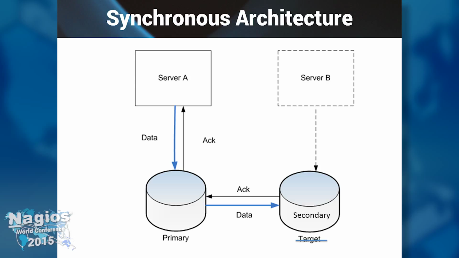So it looks like this, where data comes in, it's confirmed on one machine, sent to another machine, confirmed again, then the acknowledgement goes all the way back to whatever resource is coming in. Doesn't matter if it's a file system or a database, the write isn't confirmed until it's on two completely different machines. With fast networks these days, that usually only means 1 to 3% overhead.